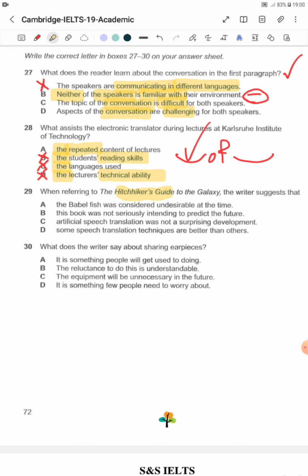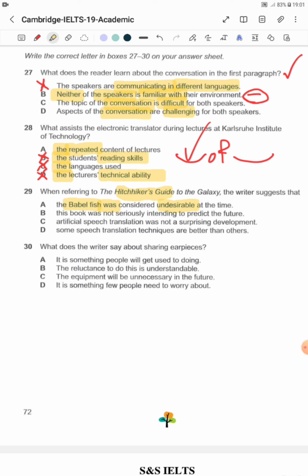Okay, in A, the verb is "was considered". And the noun pertaining to "was considered" is babblefish. And the adjective is "undesirable", which is our priority. So what I can see: babblefish, undesirable. So I have checked the verb, but I checked the nouns pertaining to the verb as well as the adjective if it exists.